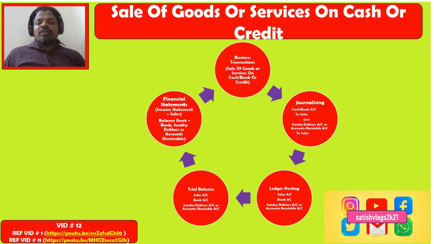What if the goods are sold on credit basis? The credit would be given to the sales account. However, the debit is supposed to be given to the sundry debtors or accounts receivable account, because the business entity will not be receiving the bank or cash immediately from the party to whom the goods are sold.